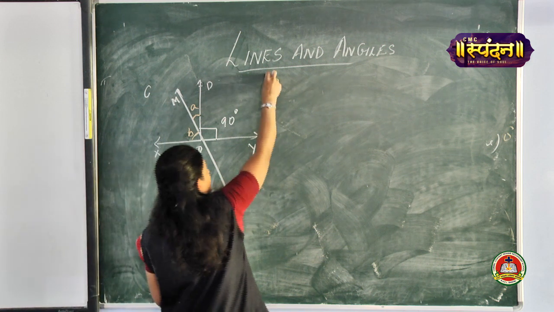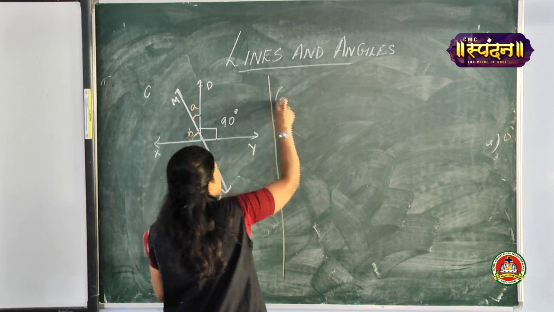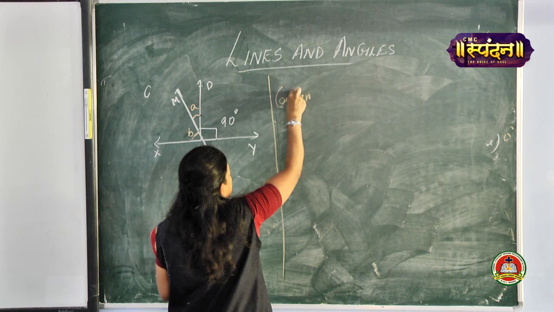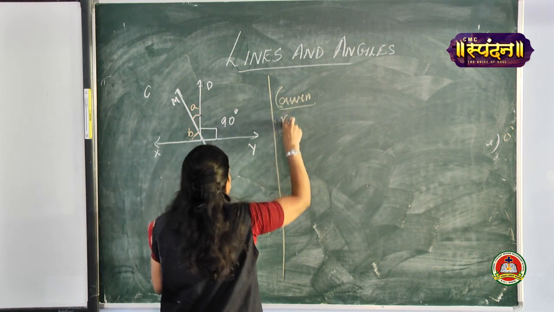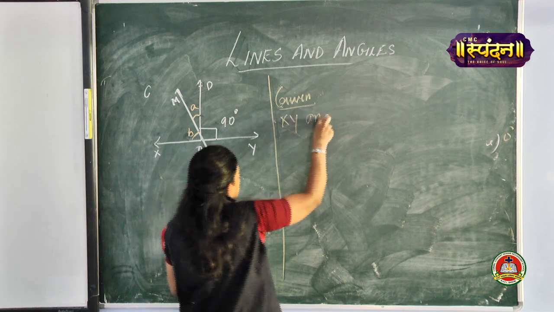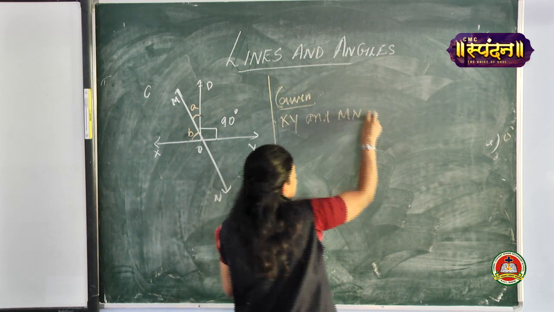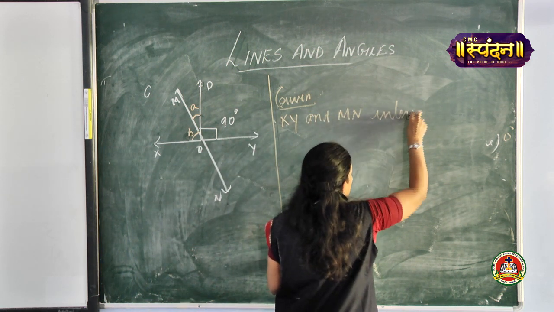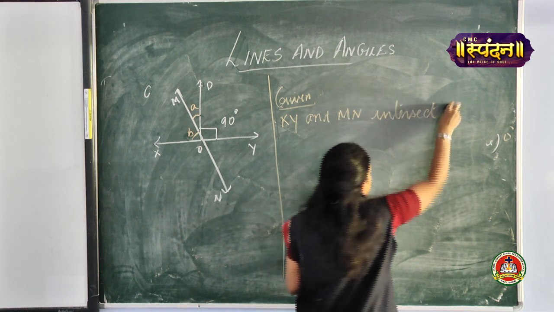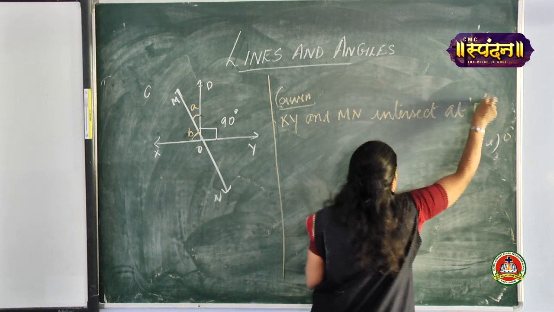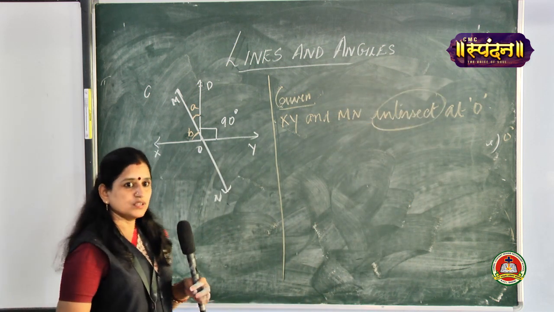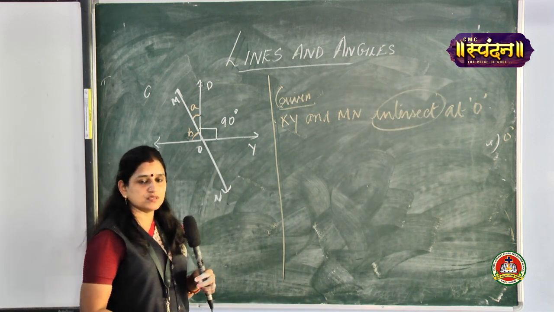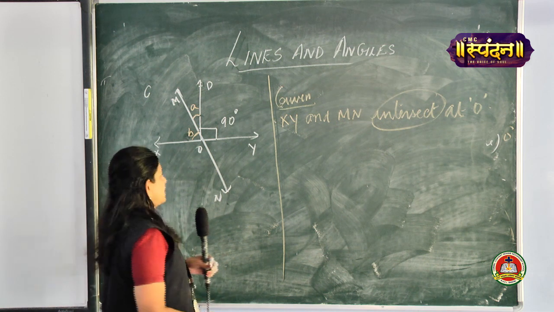So immediately write what is given. What is given? XY and MN intersect at O. So as I said, circle the word intersect, so that you will come to know I had to use the property vertically opposite angle.